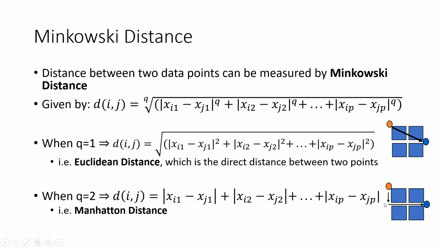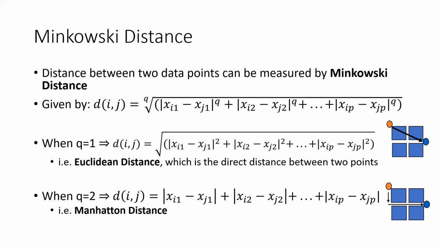So when you are taking the error values, you may already be familiar with the Euclidean distance and the mean absolute values. So we can take Manhattan distances as well.